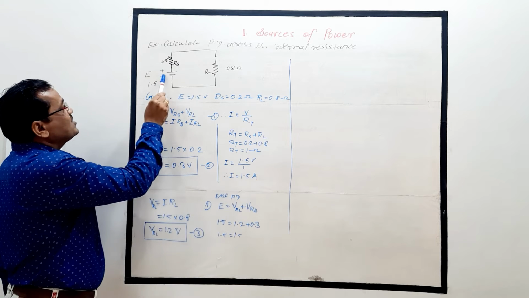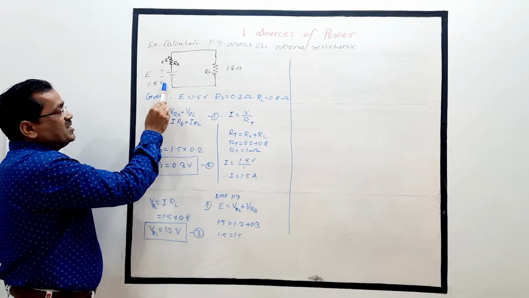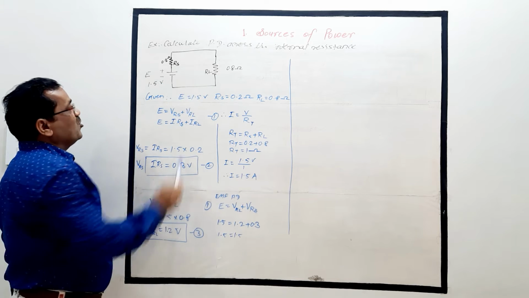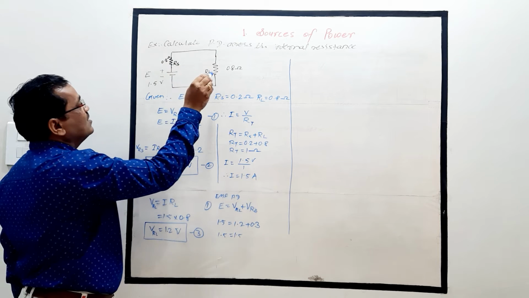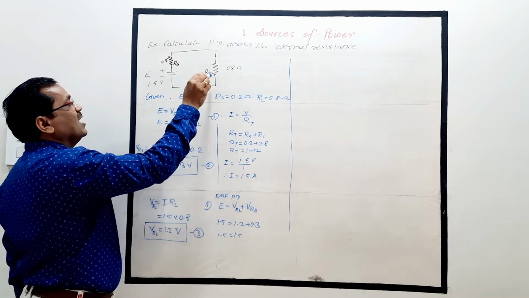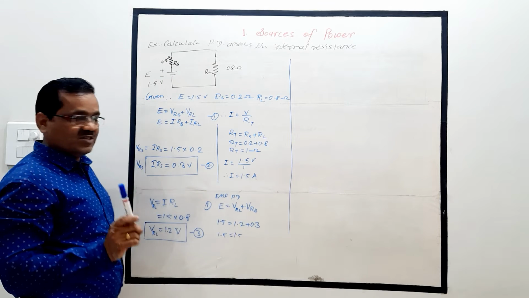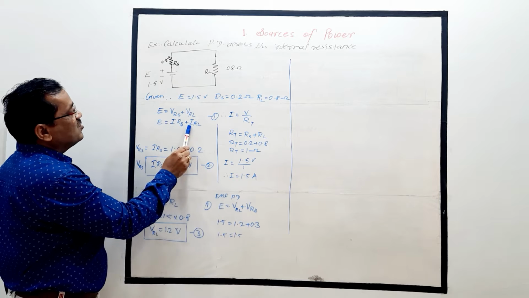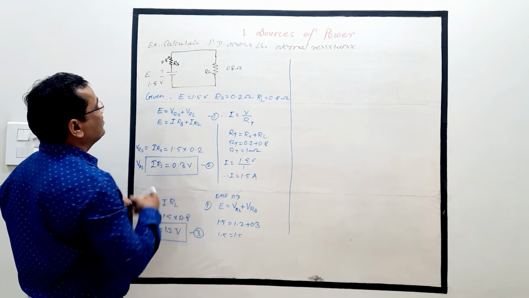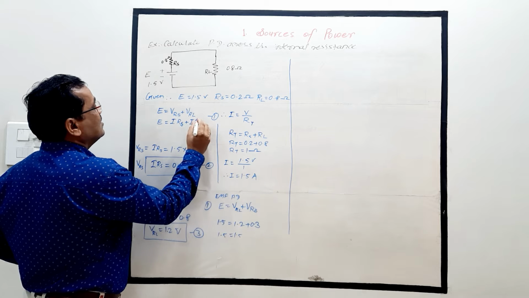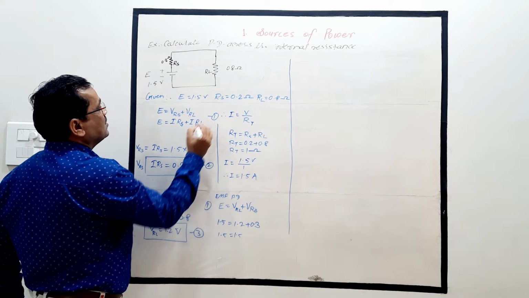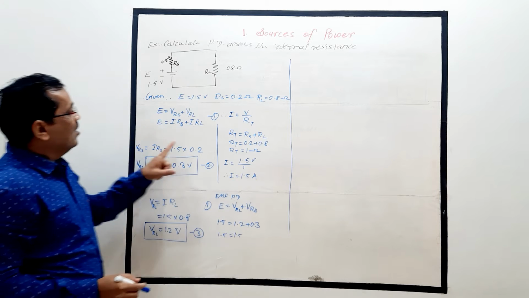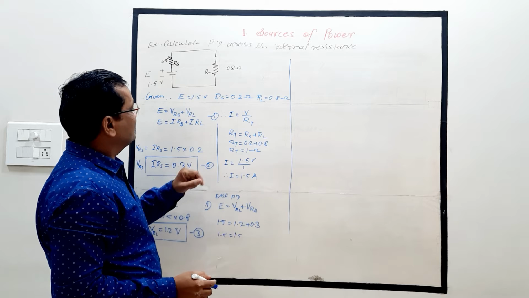That means this source voltage is divided into two parts: potential drop across source resistance and potential drop across load resistance. So E is equal to IRS plus IRL. So this is equation 1.